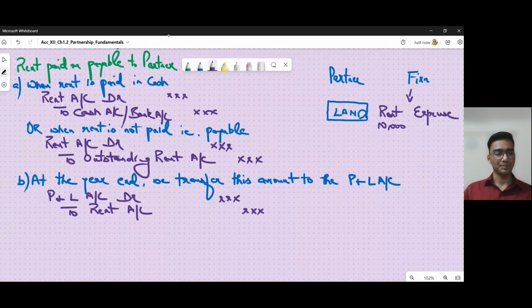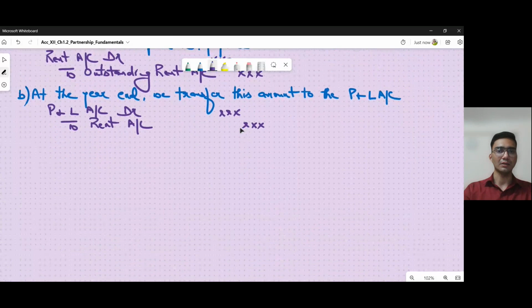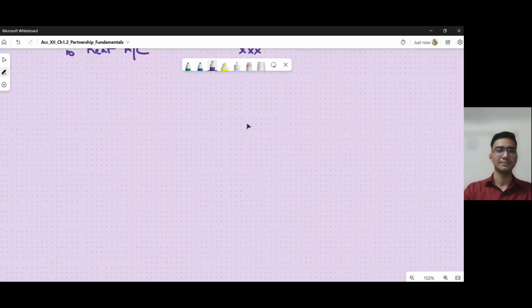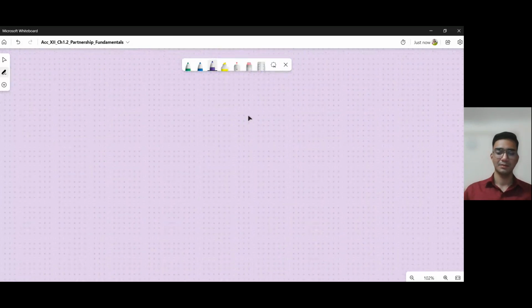Let's come to the third one. The third charge against profit, which we are going to be showing in our P&L account, is called manager's commission.